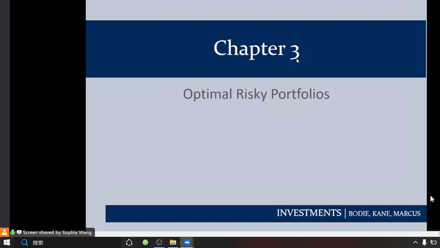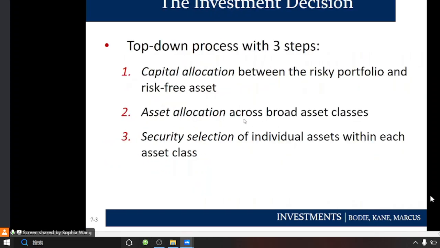So we should move to the next step: how to allocate. The second step is asset allocation across broad asset classes, and the last is security selection of individual assets within each asset class. This is what chapter 3 focuses on, the third step.